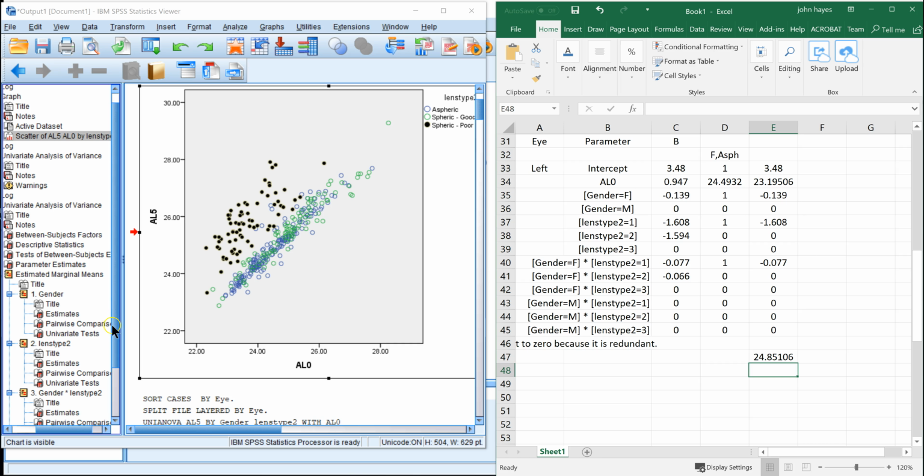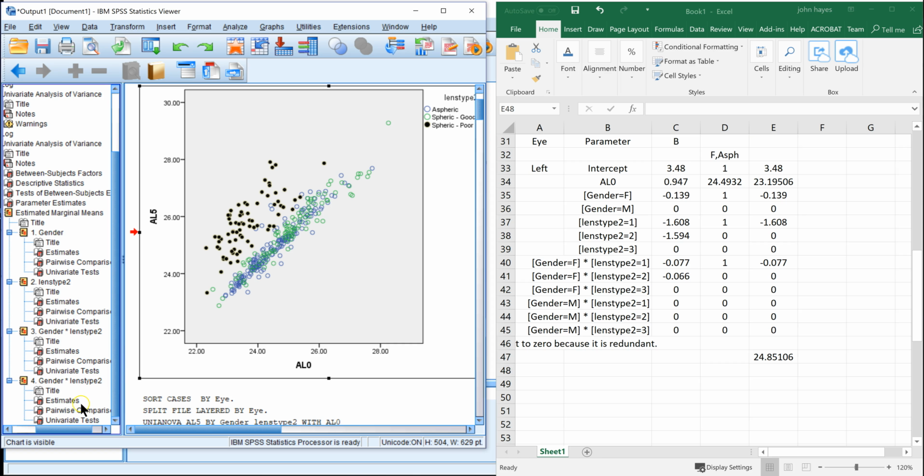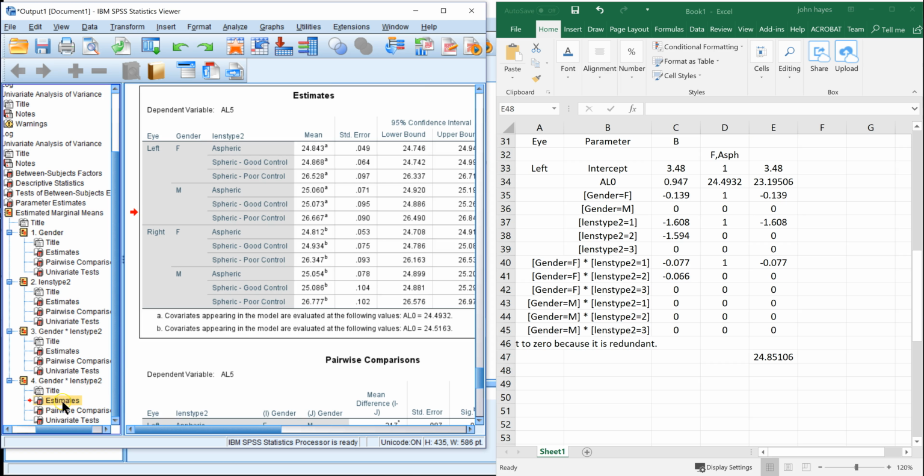Now if we come down here to our estimates of a female aspheric, we got 24.85. This was 24.843. I mean, it's close. There's rounding errors because the computer doesn't chop everything off at 3 decimal points.